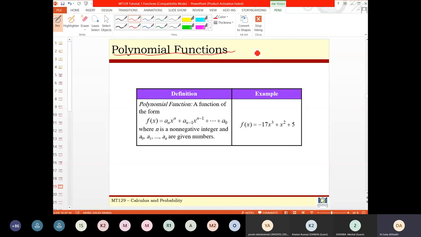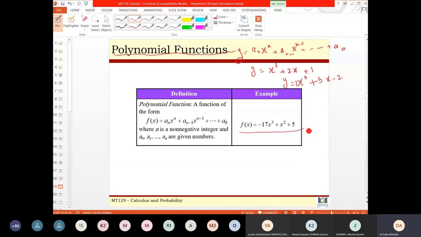It's anything that looks like y equal to a_n x to the power n plus a_(n-1) x to the power n minus 1, down to a_0. Any example works here. For example, x cubed plus 2x plus 1 is a polynomial. If I have y equal to 2x to the power 5 plus 5x minus 2, polynomial.